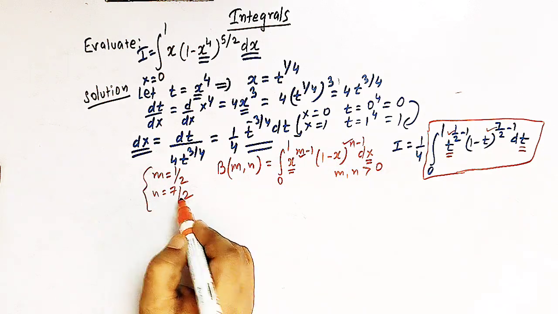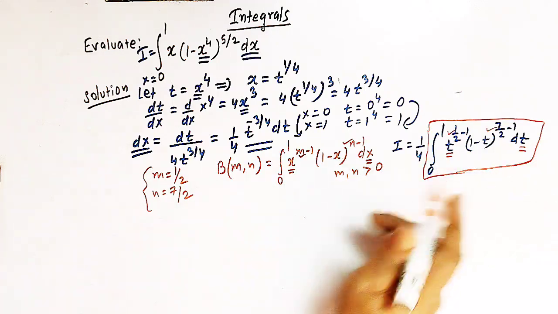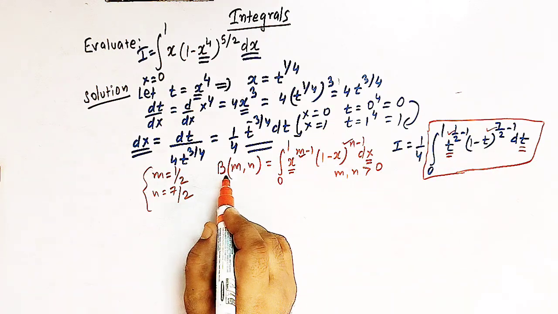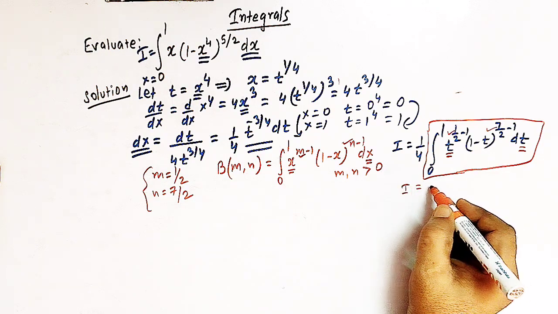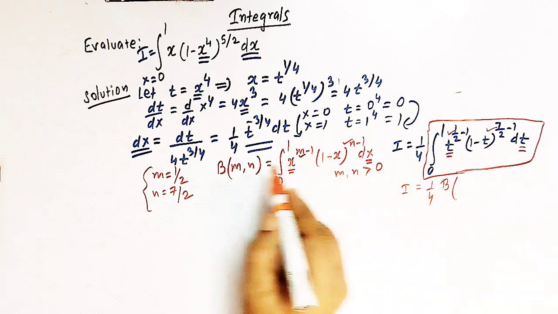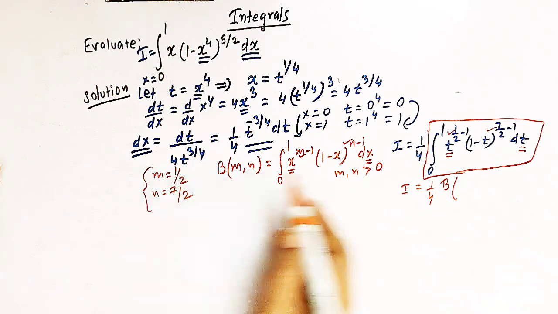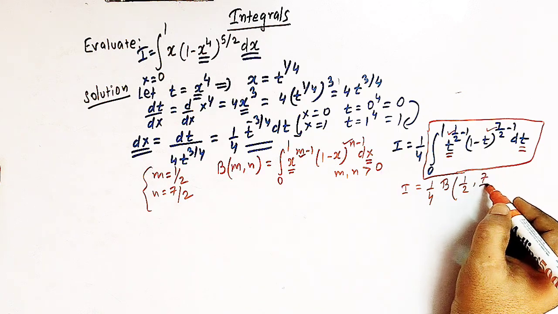So m is half, n is 7 by 2, and this integral is known as the beta function or the beta integral. So we can now write I is equal to 1 by 4, and here we have beta of m comma n. M is half, and n is 7 over 2.